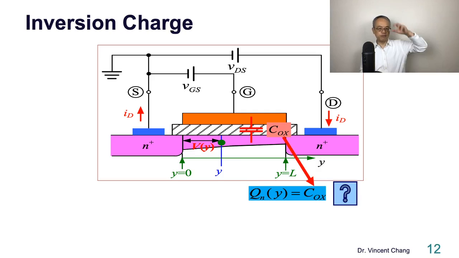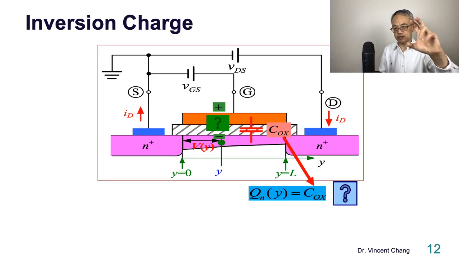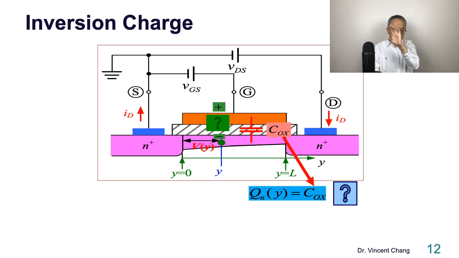What V? The voltage across the MOS structure, right? But the voltage is a variable because y varies. So the voltage also varies. So now, what's the voltage of the green question mark?